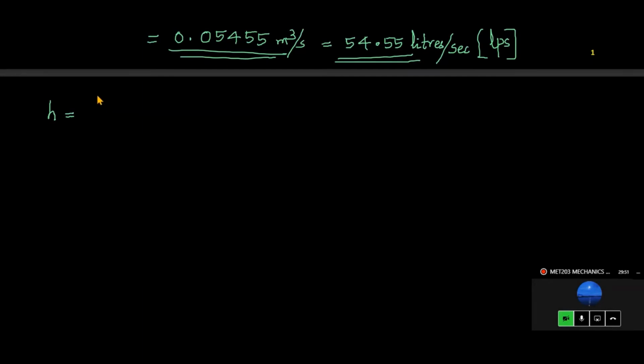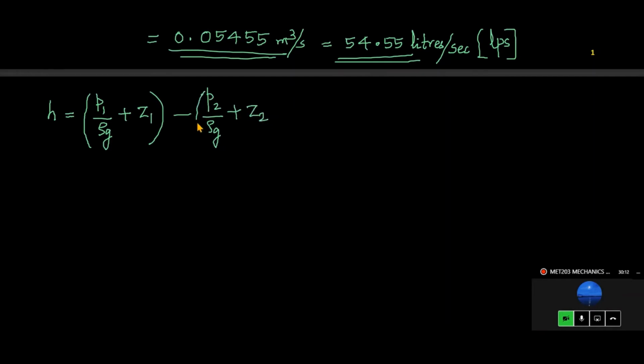So H is equal to P1 by rho g plus Z1, the piezometric head at the inlet, minus P2 by rho g plus Z2.